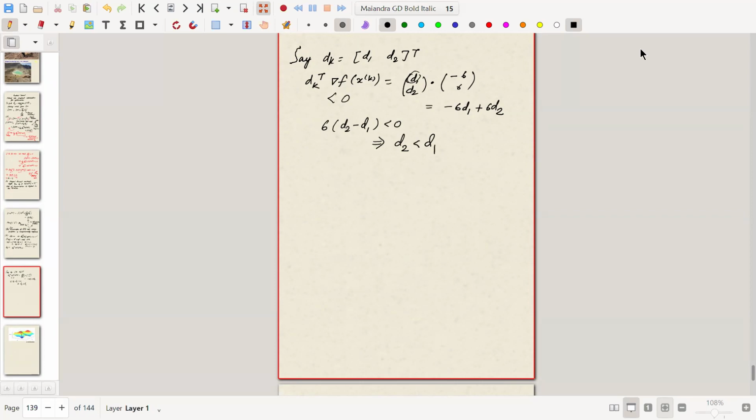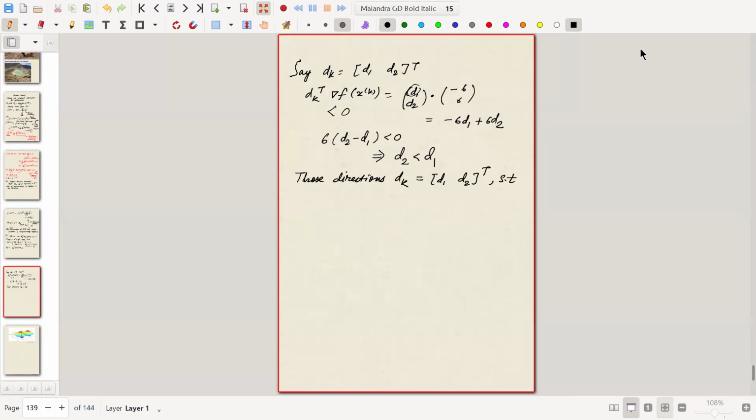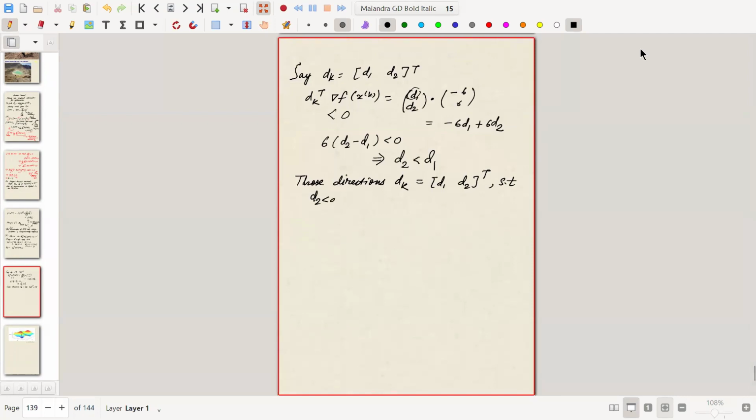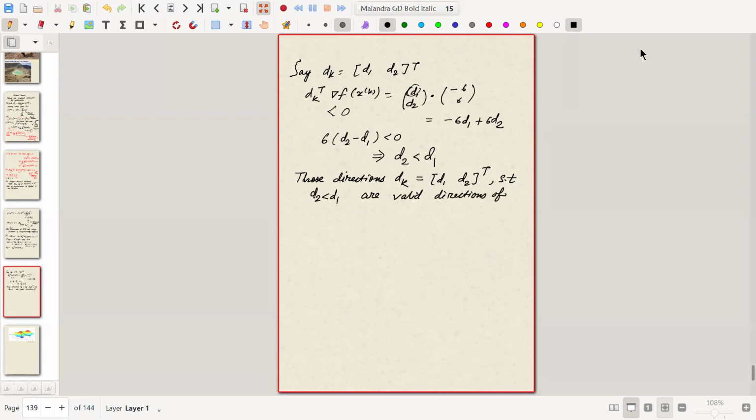So those directions d = (d1, d2) transpose, such that d2 is less than d1, are valid directions of search for the minimum.